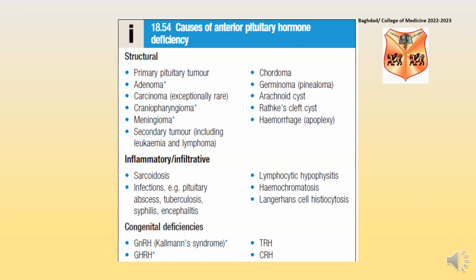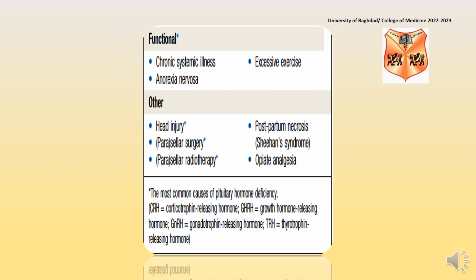Inflammatory and infiltrative diseases include sarcoidosis, infection, especially pituitary tuberculosis, syphilis, encephalitis, lymphocytic hypophysitis, hemochromatosis with deposition of iron, and Langerhans cell histiocytosis. Congenital deficiencies include gonadotropin releasing hormone deficiency, which is called Kallmann syndrome, presenting with hypogonadism; growth hormone releasing hormone deficiency, presenting with short stature; thyrotropin releasing hormone deficiency; and corticotropin releasing hormone deficiency.